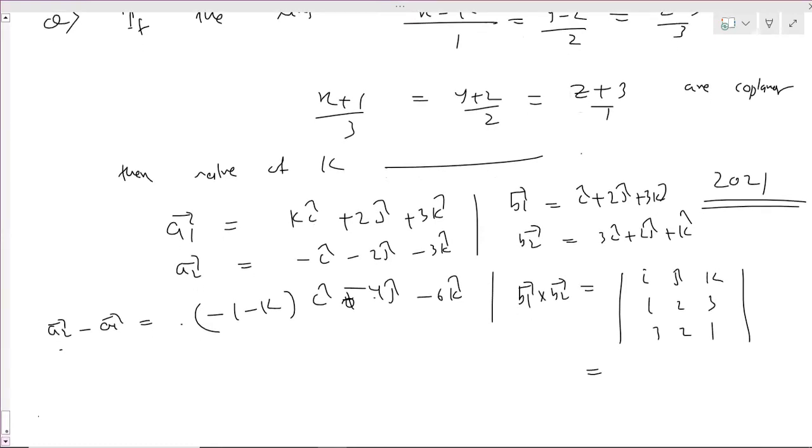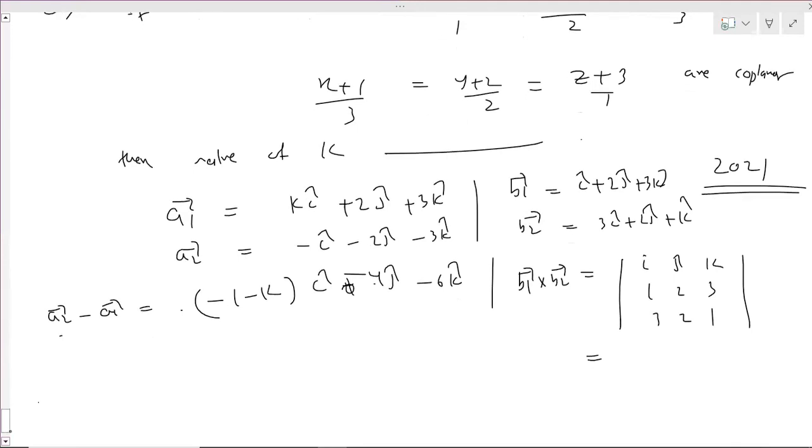What is the answer you are getting here? B1 cross B2? Minus 4 i cap plus 8 j cap minus 4 k cap. Okay, let's see. 2 minus 6 minus j, 1 minus 9 plus 8j, k, 2 minus j minus 4k. This is the B1 cross B2. Yes. Okay.